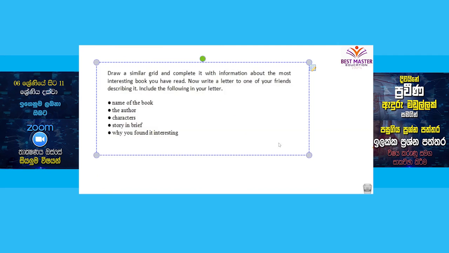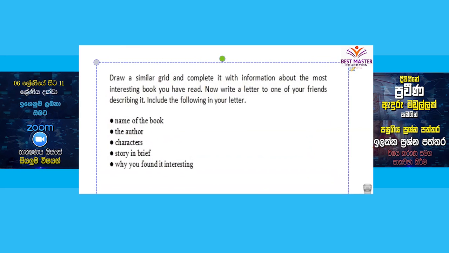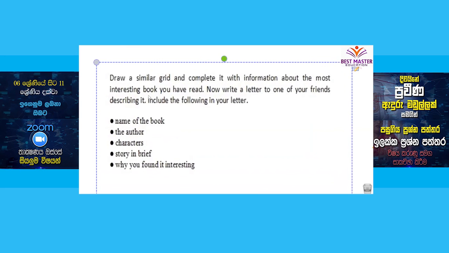A small task here. Draw a small grid and complete it with information about the most interesting book you have read. Now your chance. You read something about Hiruni's favorite book. I think you also have a favorite book.